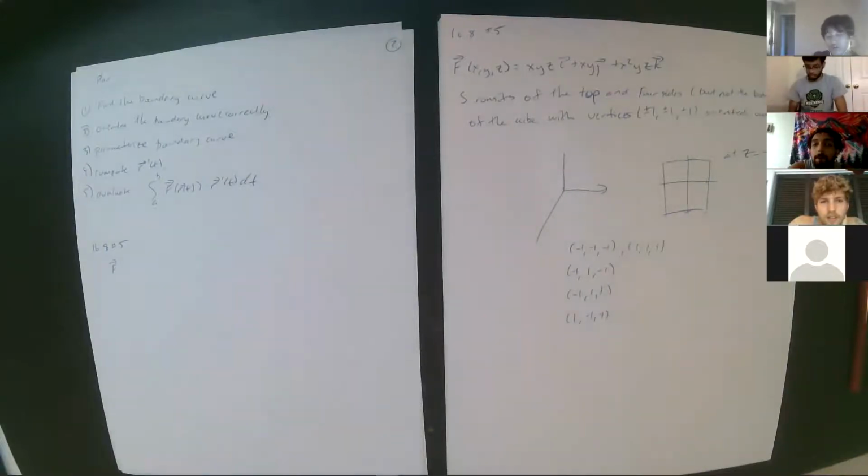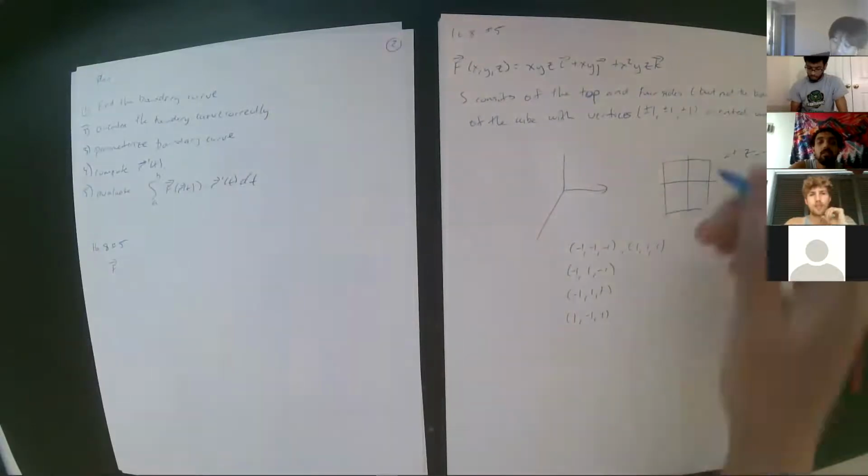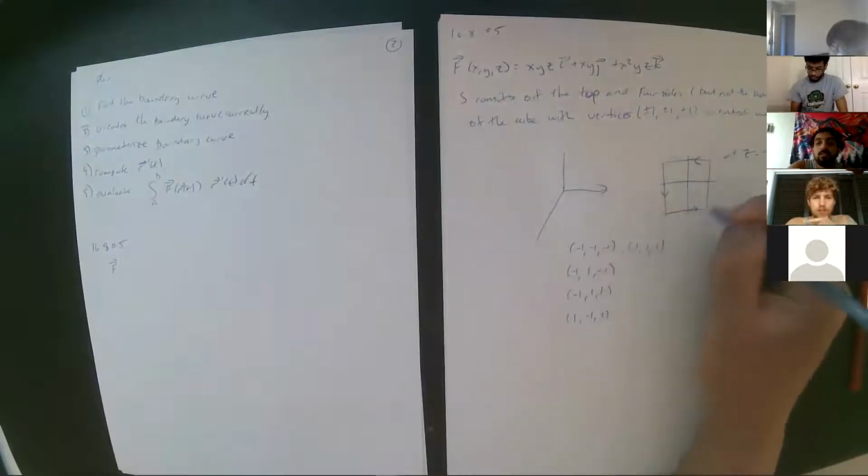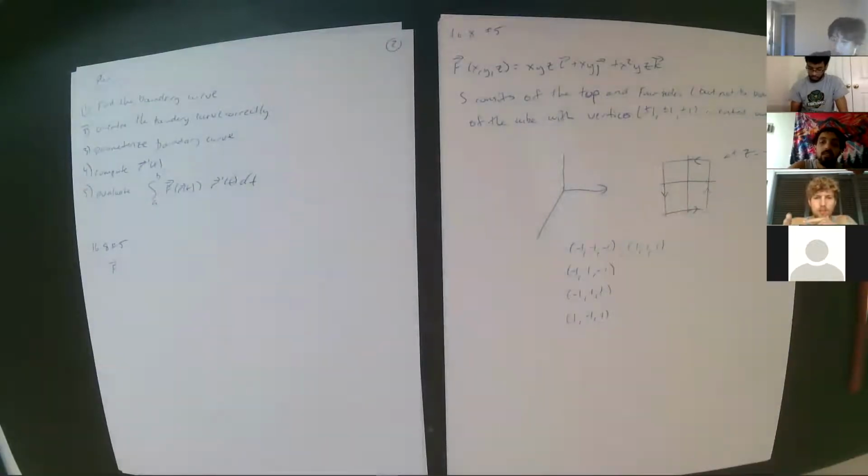The curve is oriented outward. The surface is oriented outward, yes. And it's counterclockwise, I'm guessing. Why did we decide counterclockwise? Because if it was inward, then it would go the other way, like your thumb would be pointing inside the cube.